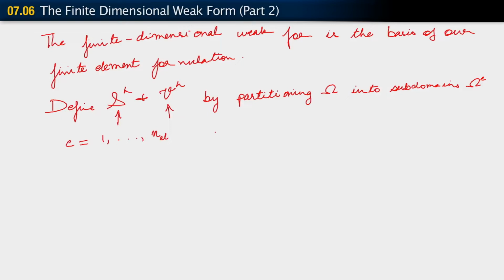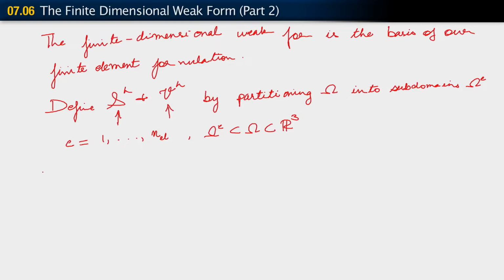NEL, as before, stands for number of elements in the partition. Furthermore, since each omega E is a subset of omega, which itself is a subset of R3, we are indeed talking of each element subdomain, omega E, as being a three-dimensional subdomain.